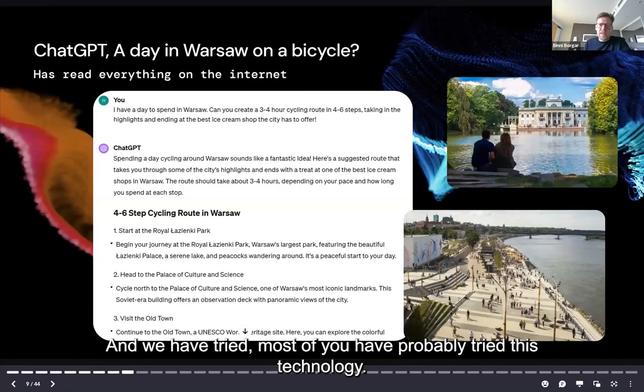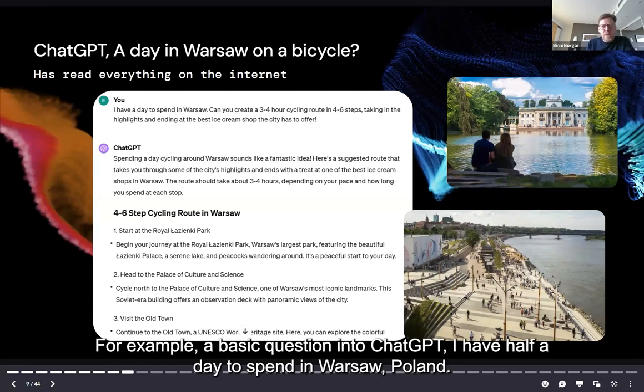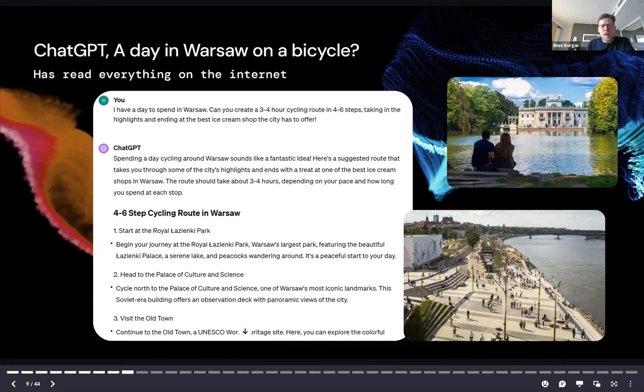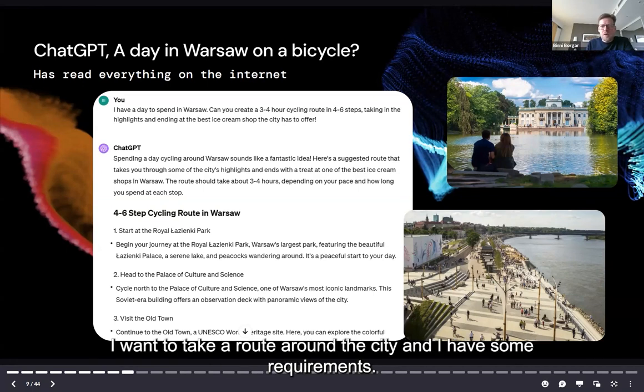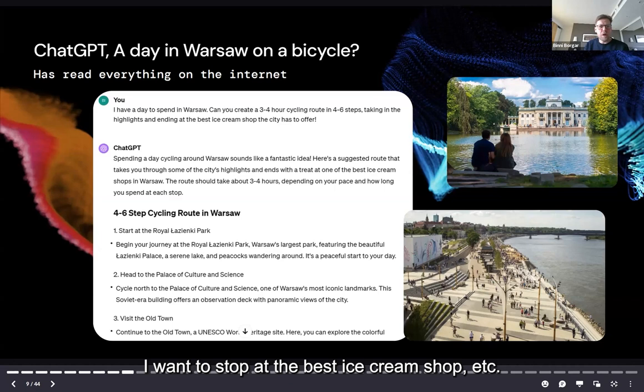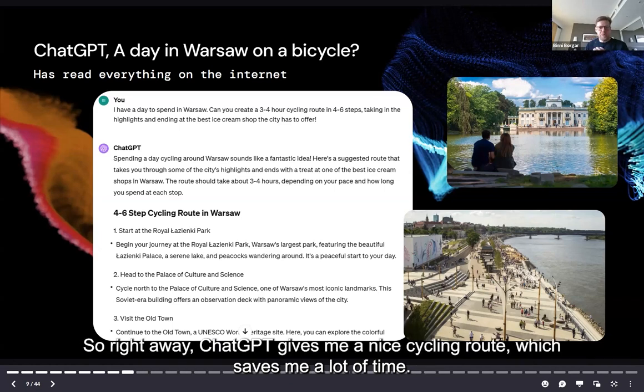And most of you have probably tried this technology. For example, a basic question into ChatGPT: I have half a day to spend in Warsaw, Poland. I want to take a route around the city, and I have some requirements. I want to stop at the best ice cream shop, etc. So right away, ChatGPT gives me a nice cycling route, which saves me a lot of time.